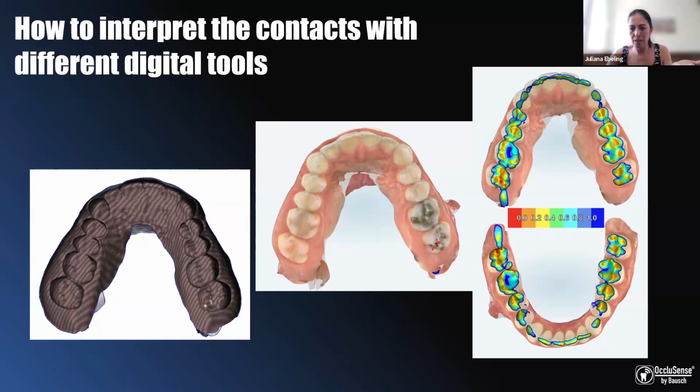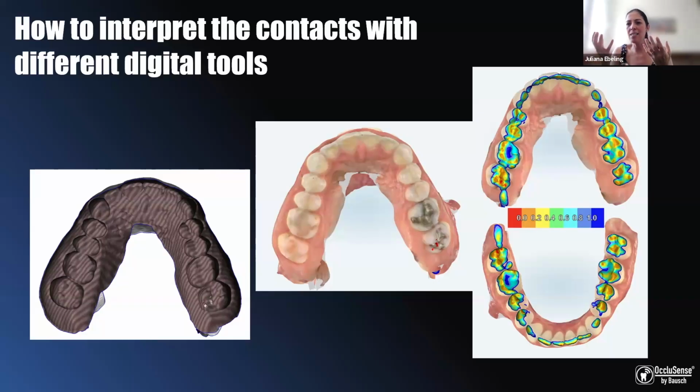This is very important to understand because what we are trying to do is compare what we find with scanners and what we find with OccluSense. But they are measuring and registering different things in different moments.